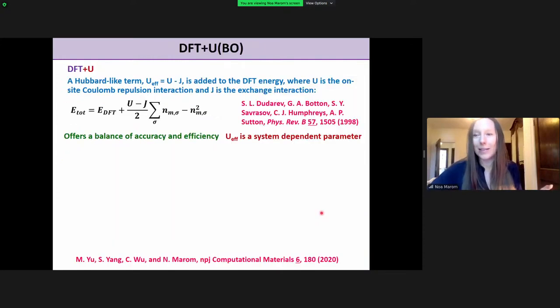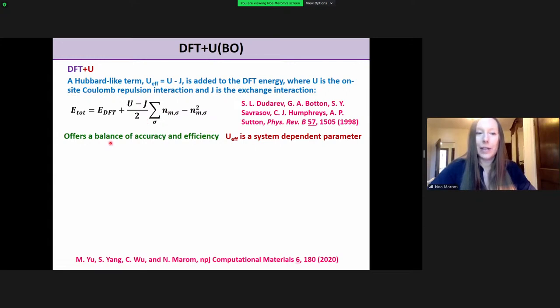And the compromise is what we call DFT plus U, where a Hubbard U term is added to the DFT energy for certain orbitals to correct the self-interaction error. And we have an effective U parameter that is the difference between the on-site Coulomb repulsion U and the exchange interaction J. And so that's being added to the DFT total energy.